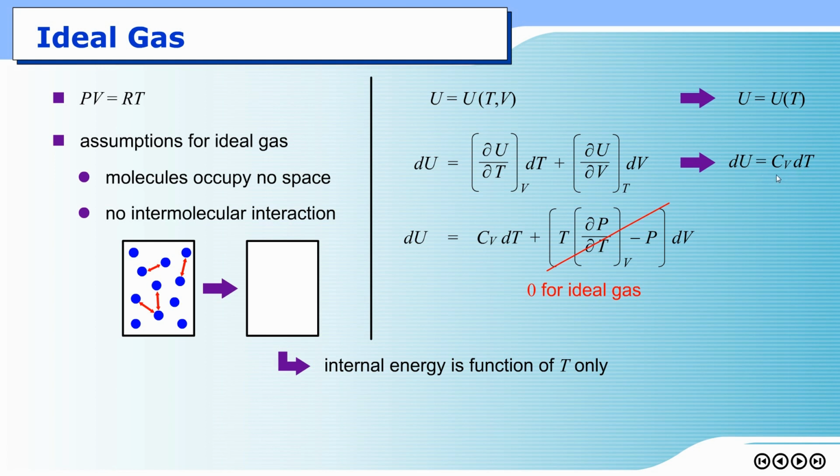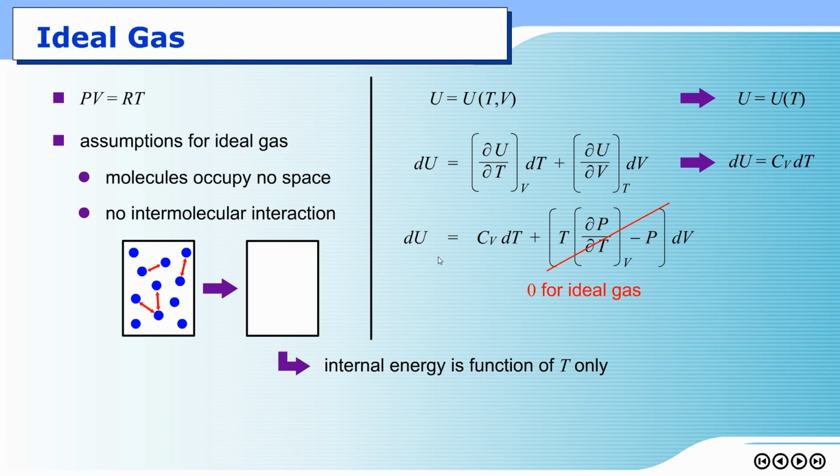Why can I say that? Because according to the definition, CV is dU by dT. But since internal energy of ideal gas is a function of temperature only, you don't need partial differentiation anymore. Now the derivative can be written in terms of total derivative. When you rearrange the equation, you end up with dU equal to CV dT like this.